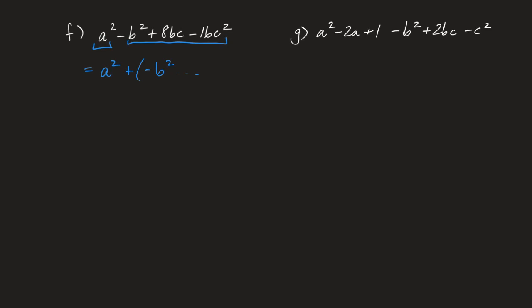If we want to view this as an A squared minus a trinomial, then we better make sure that we are subtracting that entire trinomial. And the way we'll often think about that is we're going to have to factor out that negative. So I'm going to factor out a negative from every single one of those terms in my trinomial.